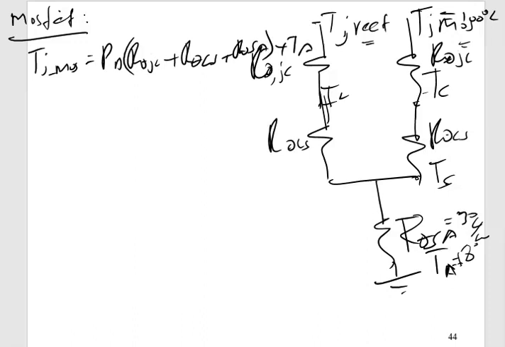Okay, so this is our MOSFET part. So the thermal will flow to your ambient through this line. We consider this loop first, then we consider this loop afterwards.